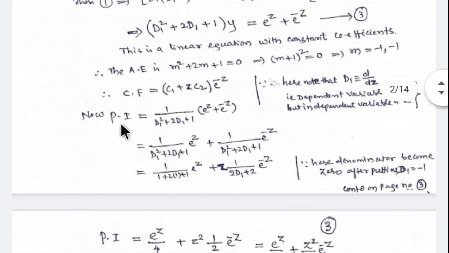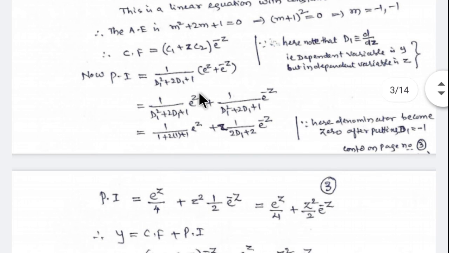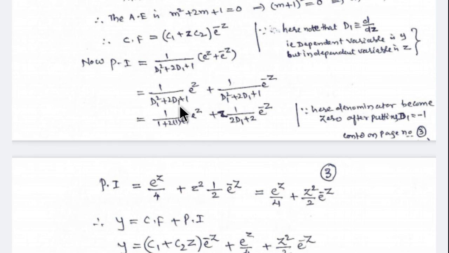Now we find the particular integral: 1 by D1 square plus 2D1 plus 1 operating on the RHS, that is e raised to z minus e raised to minus z. Separately, write 1 by D1 square plus 2D1 plus 1 operating on e raised to z, and the same operator operating on e raised to minus z. This procedure was already discussed earlier. Wherever D appears, write the coefficient of the independent variable z in the exponential and see whether the denominator becomes 0 or not.